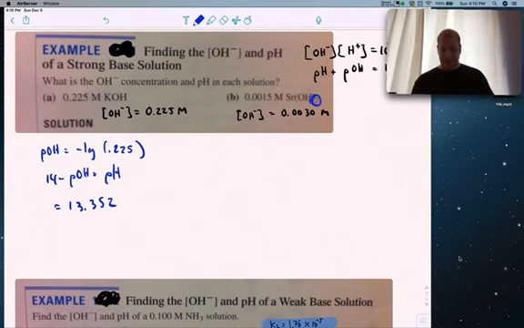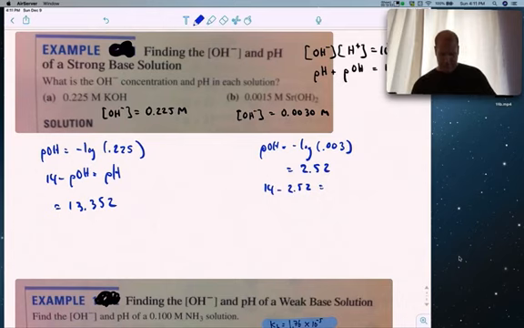Same thing for the strontium hydroxide. Notice though, it's got a 2 there for the hydroxide, so the 0.0015 molar strontium hydroxide gives 0.0030 molar hydroxide. Same idea. The pOH is minus log of 0.003, and this is equal to 2.52, and then 14 minus 2.52, and we get 11.48.